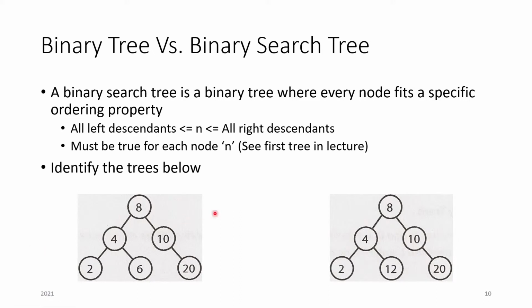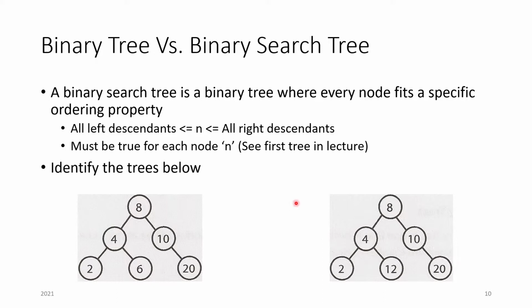Now, there is a difference that we need to distinguish between a binary tree and a binary search tree. A binary tree is defined such that any node has a maximum of up to 2 children, but it does not specify anything regarding the order of the nodes.